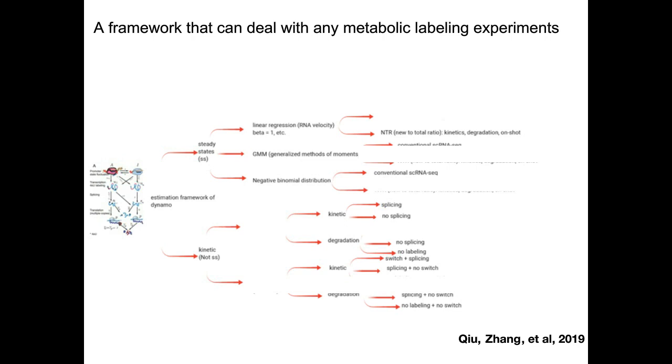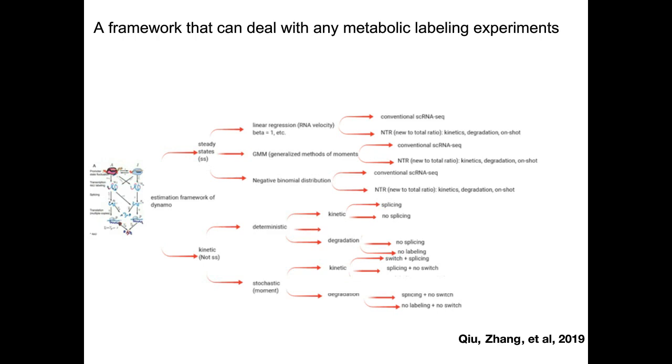The first approach is similar to RNA velocity, and the second one is quite similar to scVelo's moments approach. But of course, we also extend this approach to explicitly deal with metabolic labeling and different types of labeling strategies, including kinetics, degradation, and one-shot. And the negative binomial distribution we can use to study RNA bursting.